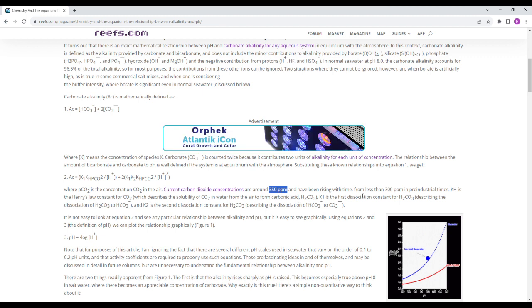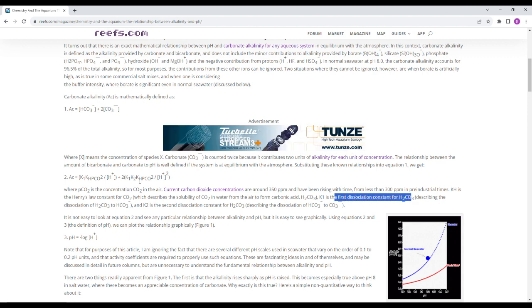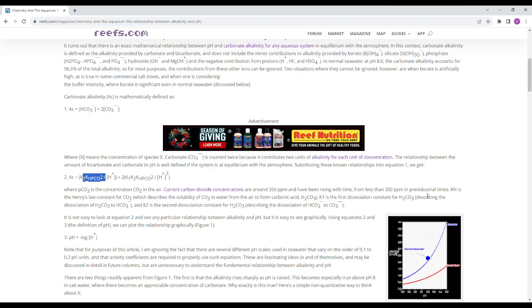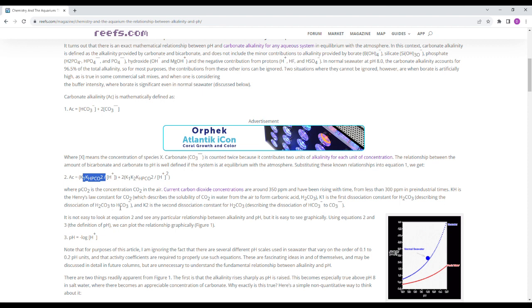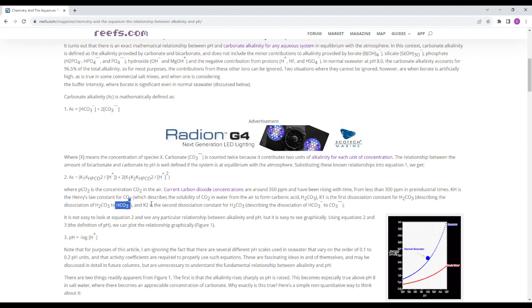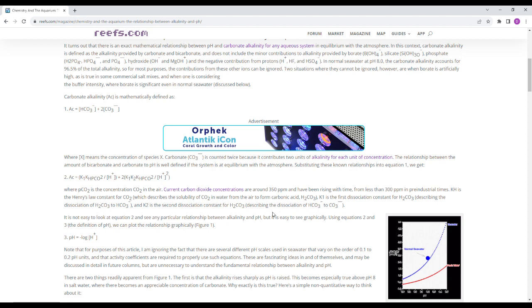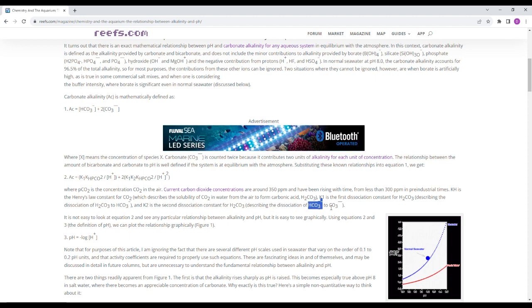K1 is the first dissociation constant for carbonic acid, describing the dissociation of H2CO3 to HCO3-, which is carbonic acid to bicarbonate, and K2 is the second dissociation constant for carbonic acid, describing the dissociation from bicarbonate to carbonate.